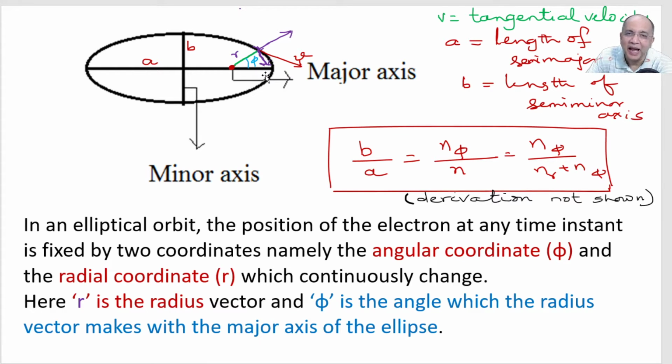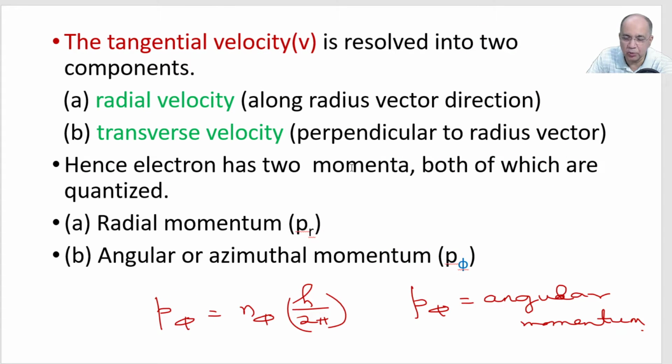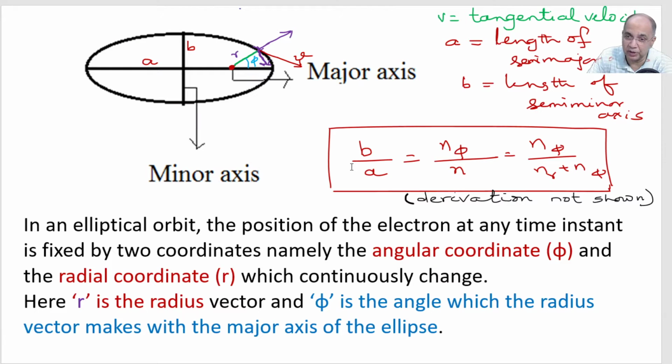That's not called angular velocity, that is called transverse velocity. But the momentum is called angular momentum or azimuthal momentum, and the quantum number is called angular quantum number or azimuthal quantum number. But this vector is called the transverse vector. So these two vectors give two different momenta and therefore two different quantum numbers, nr and n phi.